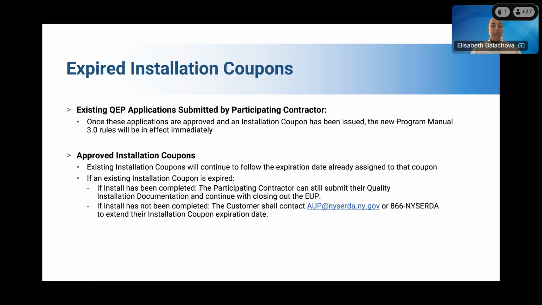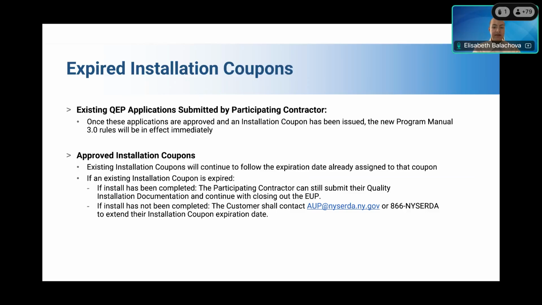Now, these will go into effect pretty much immediately. If you already have an installation coupon that exists, whatever date is assigned to that is still in effect. Nothing is going to be refreshed, but once that coupon expires, you will follow the new timeline, which is a maximum of 60 days to complete the work.